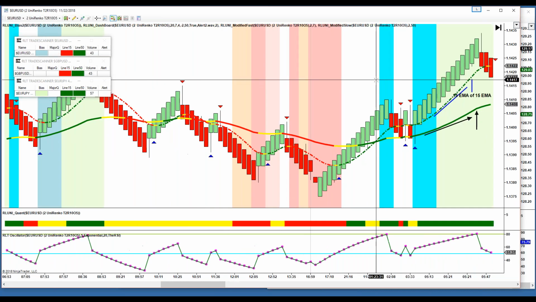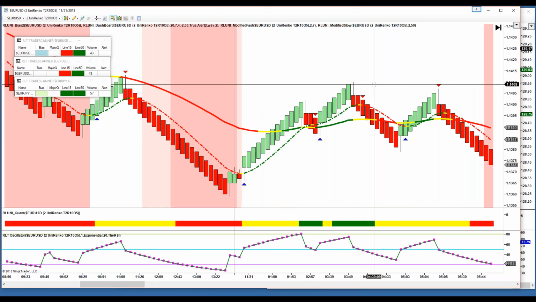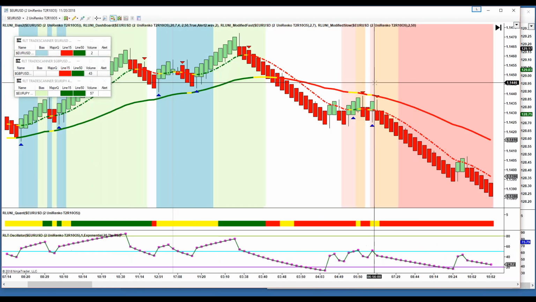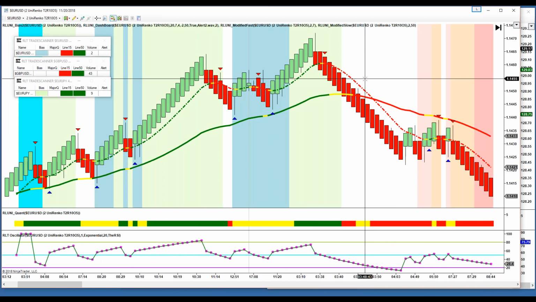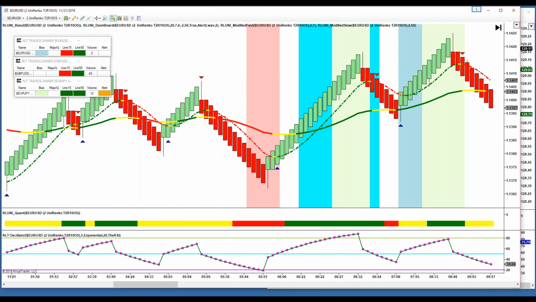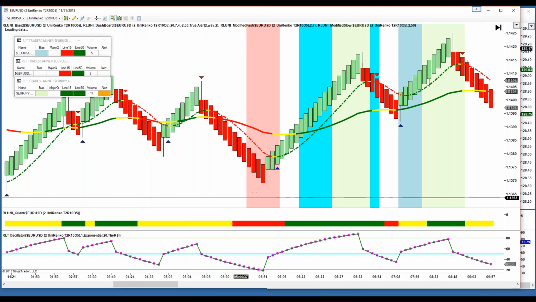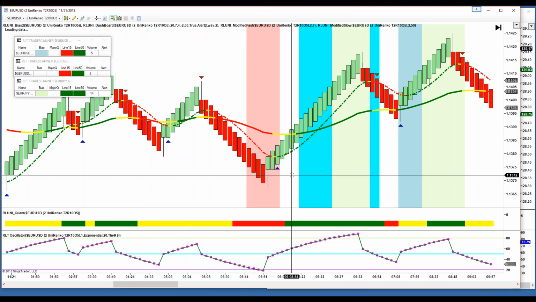Now, the other key component is this background color. In fact, it's one of the essential components to taking a trade. In order for the trade scanner to signal you into a trade, and I didn't put in enough data here, you must have background bias pink. I'm just going to wait for it to load.